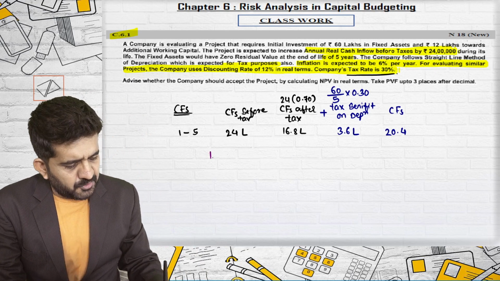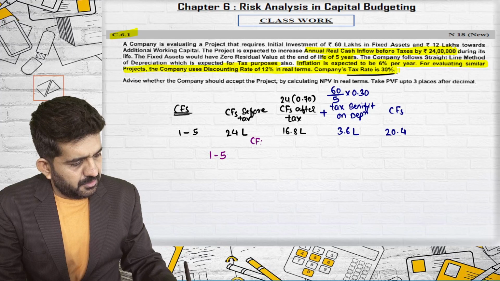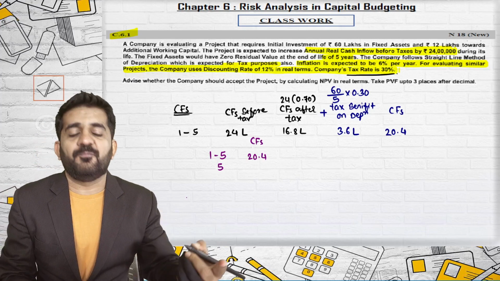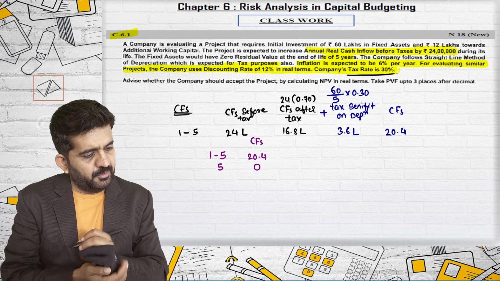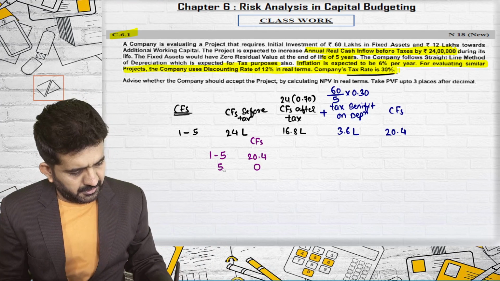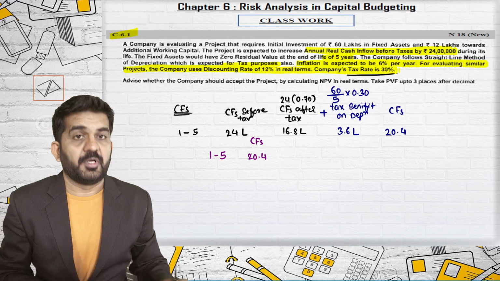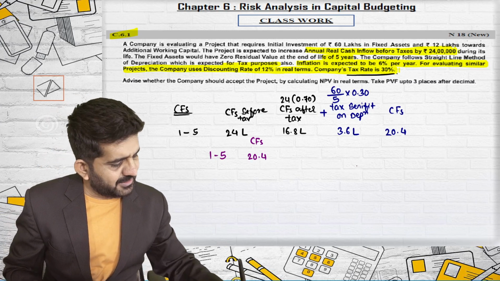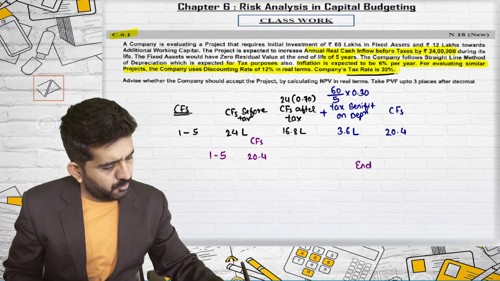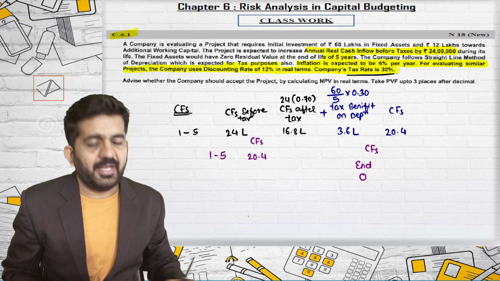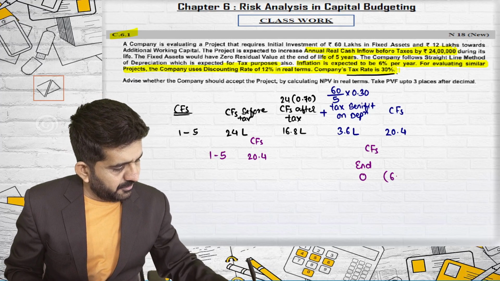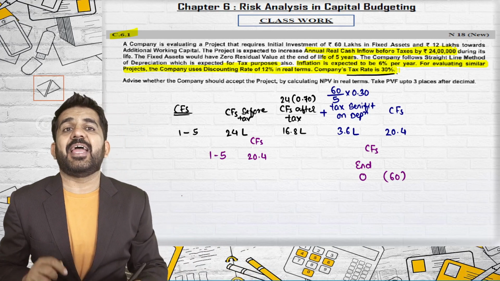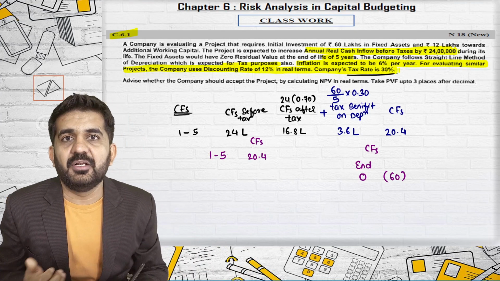So what will be my cash flow? For 1 to 5 years, my cash flows would be 20 lakh 40,000. At the end of 5th year, I will be getting zero scrap value. There is also working capital, right? Initial investment of 60 lakhs is required, so I'm finding out cash outflows at the end of 0 year. There will be 60 lakhs of cash outflows, and 12 lakhs towards additional working capital.